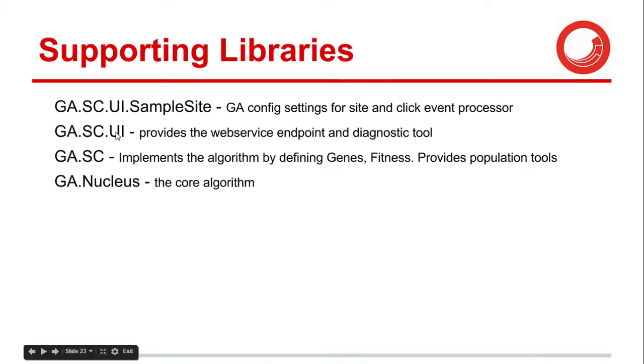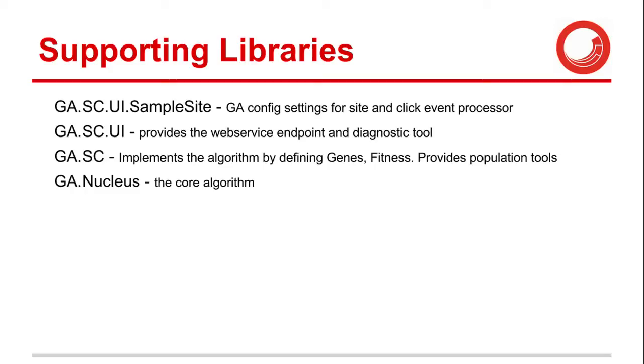So the supporting libraries, the rest of the libraries that I used: there's the Nucleus, which is the core algorithm. There's GA.SE, which implements the algorithm by defining what the genes are, the fitness, providing population tools like the manager, which creates the population, puts it in session and keeps retrieving it, and the web service class. The GA.SE UI also provides the front-end web service endpoint and the diagnostic tool, which is the back end that I showed you.